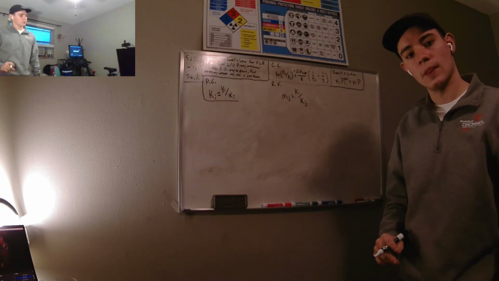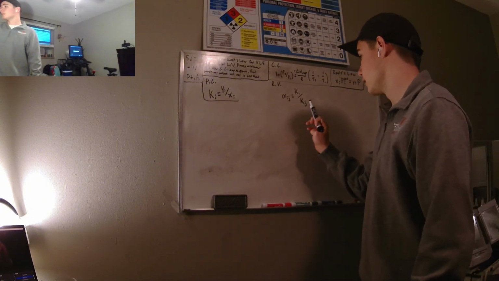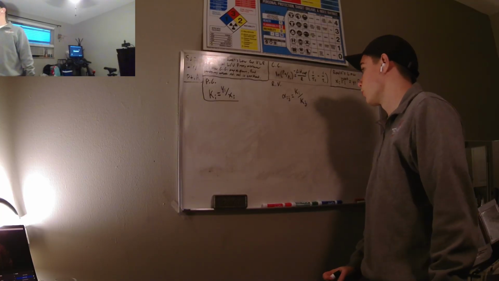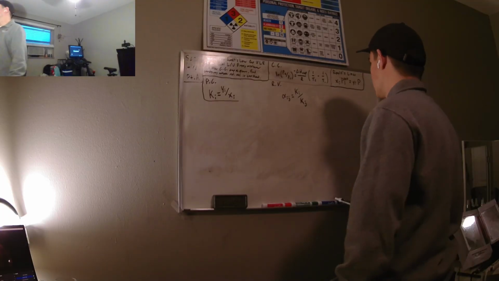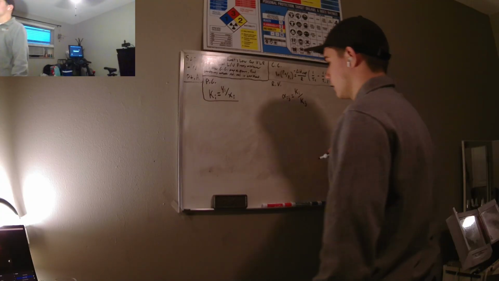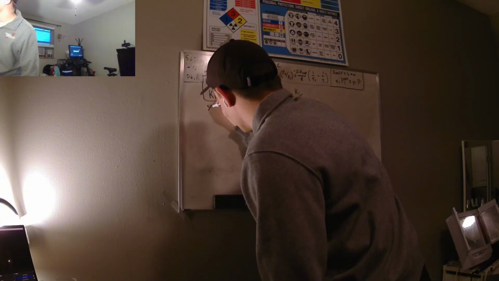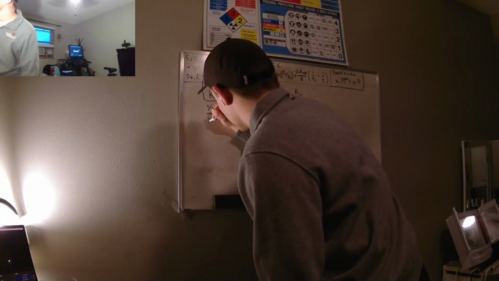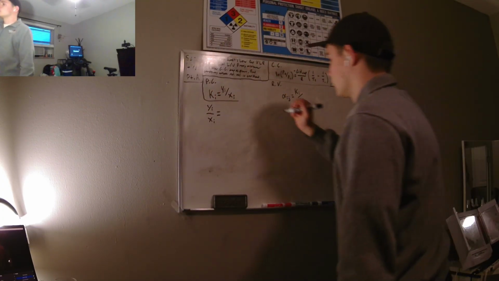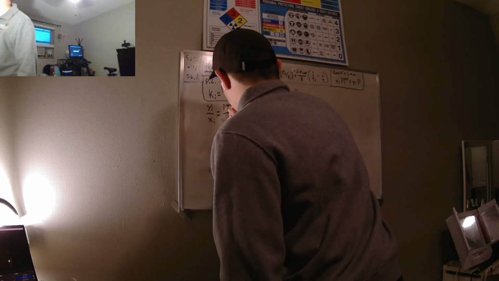Alrighty. Now that we have both our partition coefficient and our relative volatility defined, we can start to play around with these equations a little bit and find something more useful. Looking at Raoult's law, we can see that yi over xi is simply equal to the saturation vapor pressure of i over the total pressure.